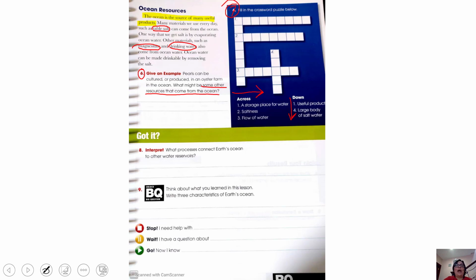Then you have to do number 8, and I already explained number 8. What process connects the Earth's ocean to the other water reservoirs on the Earth? What process connects the ocean with rivers, with lakes, with pools? I explained it on the first page. And number 9 is also for you.